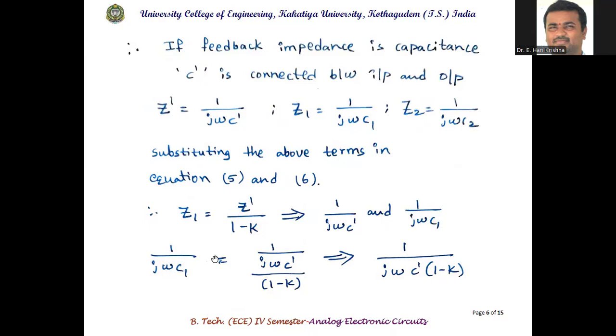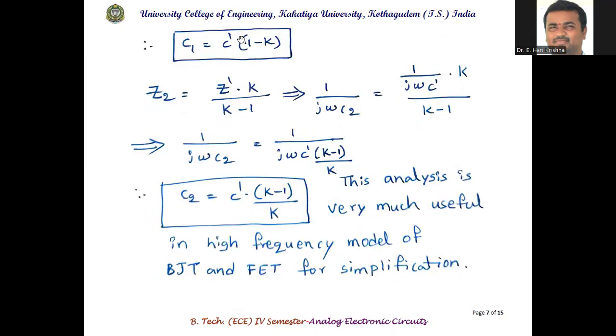1 by j omega C1 is equal to 1 by j omega C dash by 1 minus K, which can be written as 1 by j omega C dash into 1 minus K. Comparing these two gives C1 is equal to C dash into 1 minus K. This is the parameter which is useful.